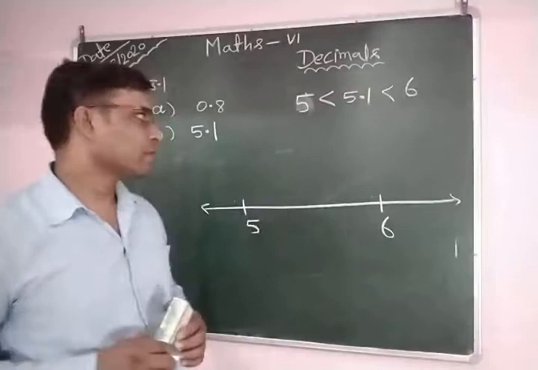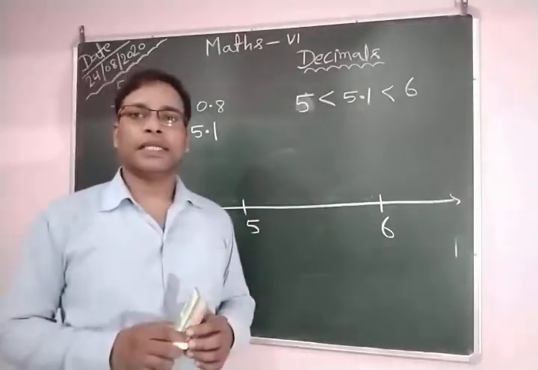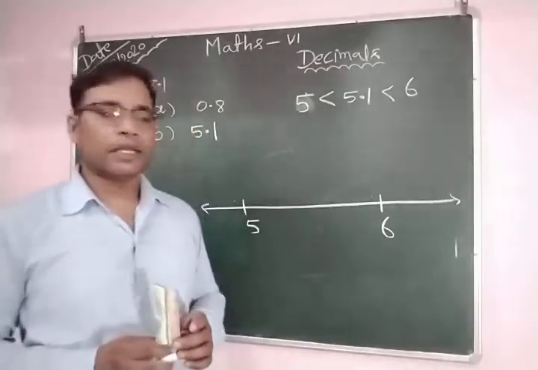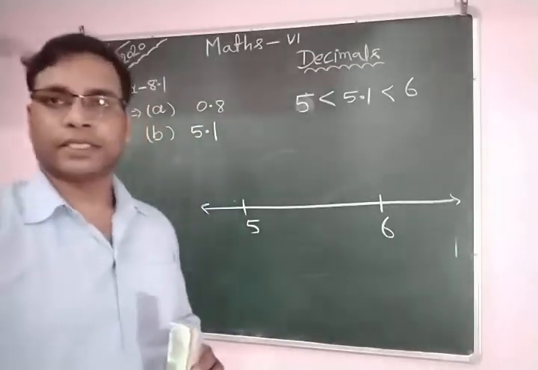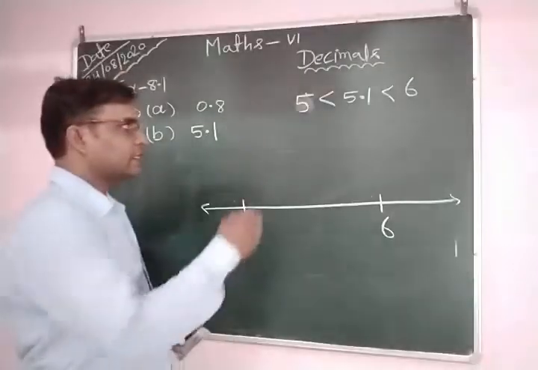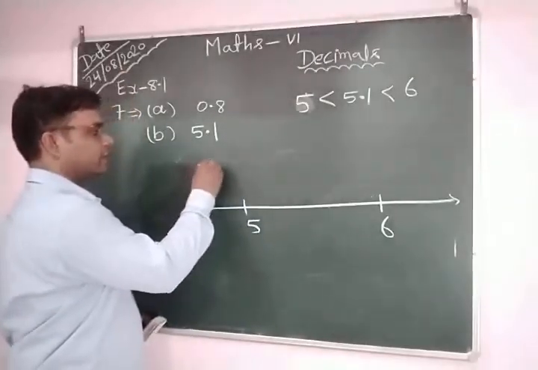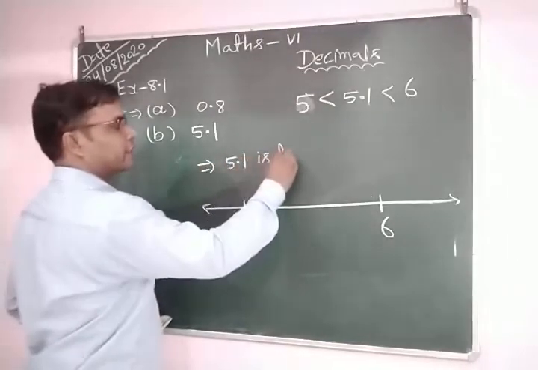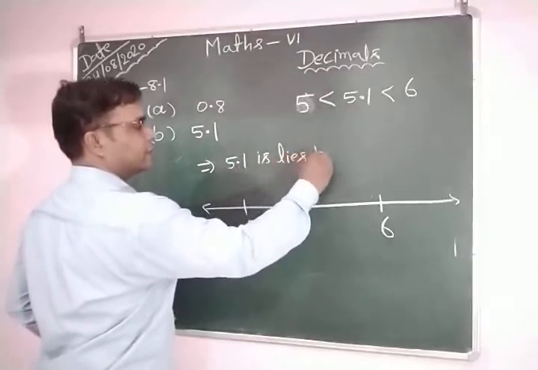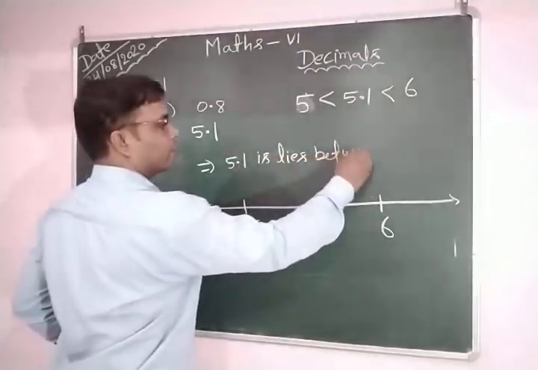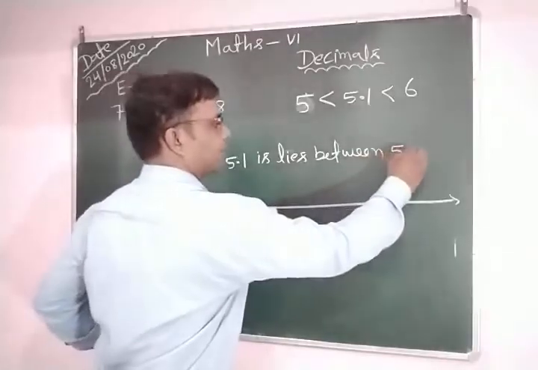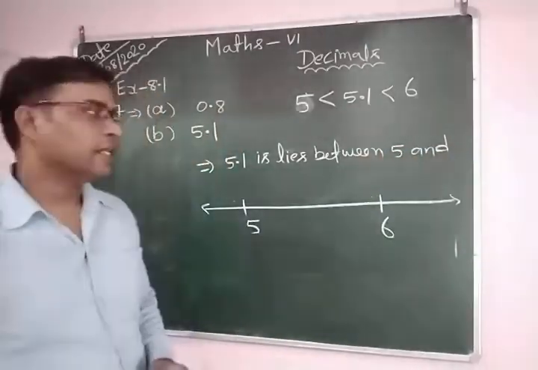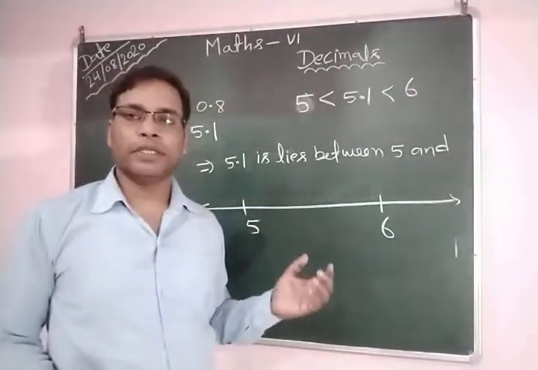So you can say 5.1 lies between 5 and 6, and also you need to find the nearest whole number.